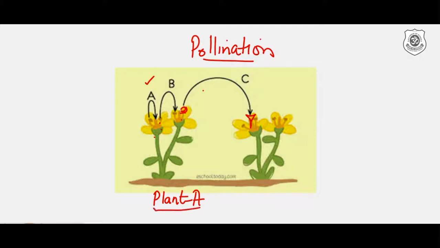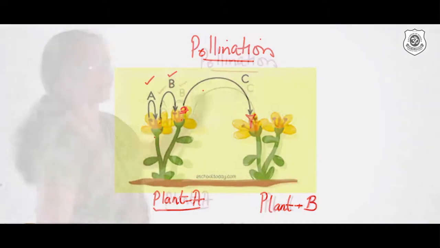There's no difference. There is a third arrow mark. There is A, there is B, the third one. The pollen grains are transferred from the anther to the stigma of another plant. I will call it plant B. So it's moving to another plant. This is the third category.